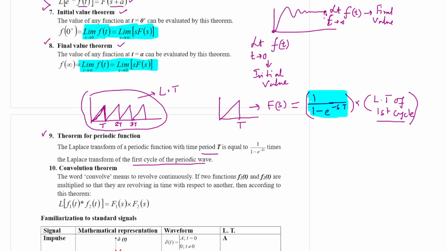Here this T is very important. T is the time period of the signal.